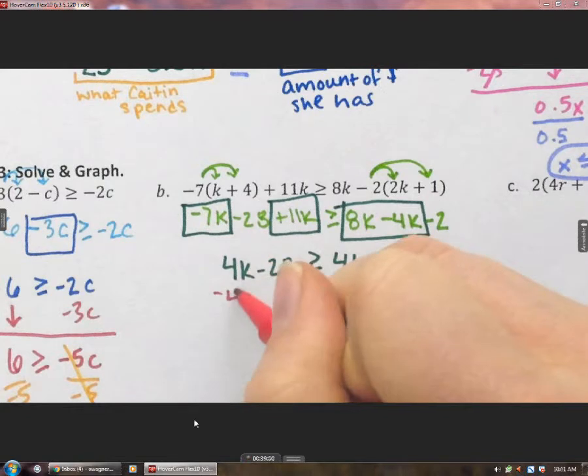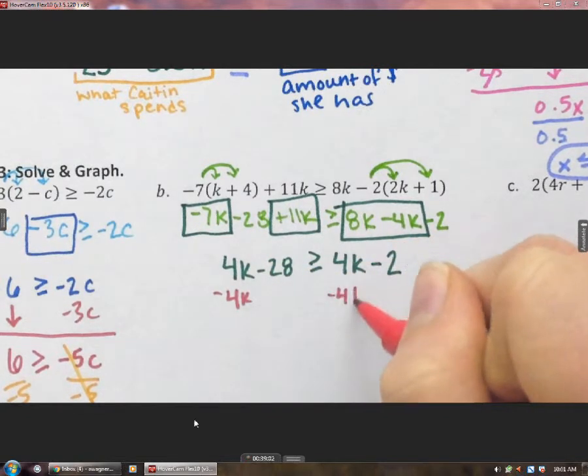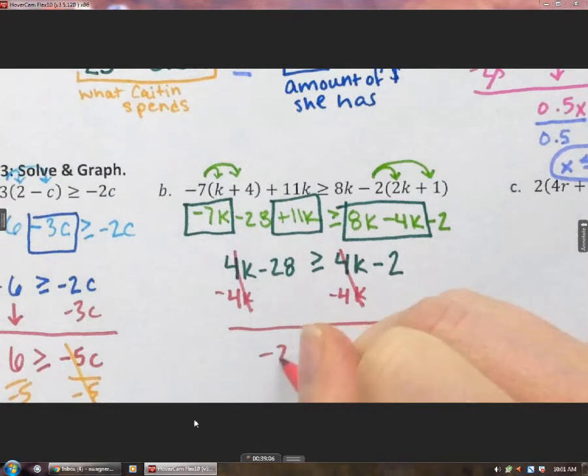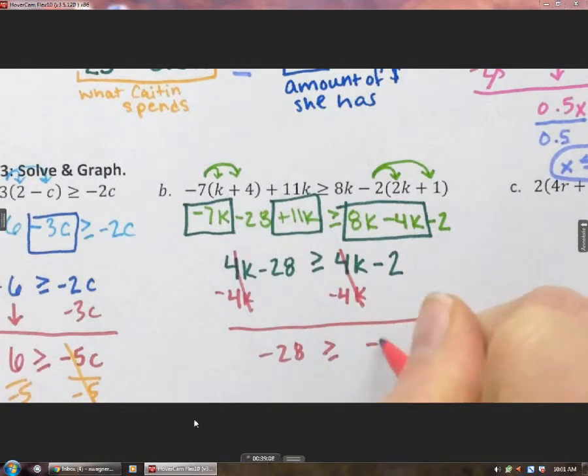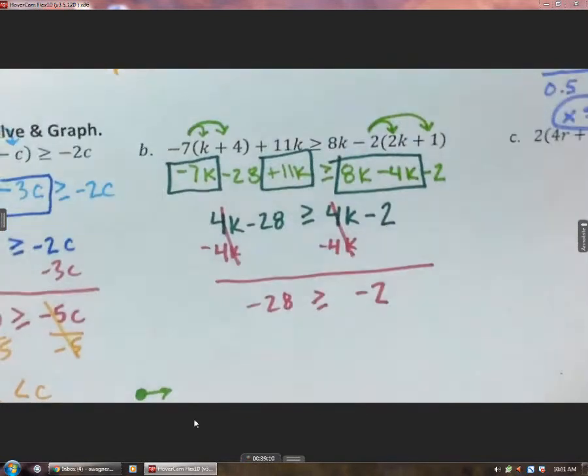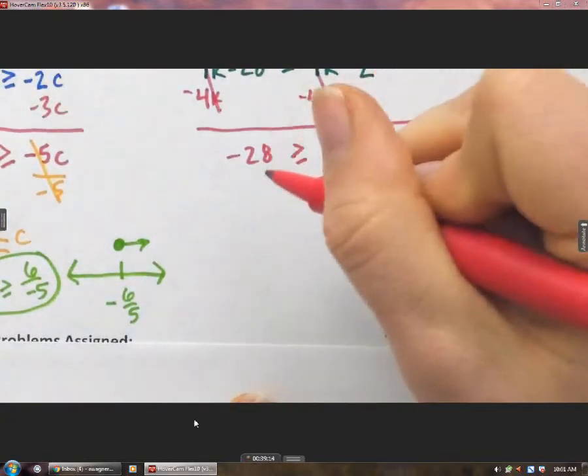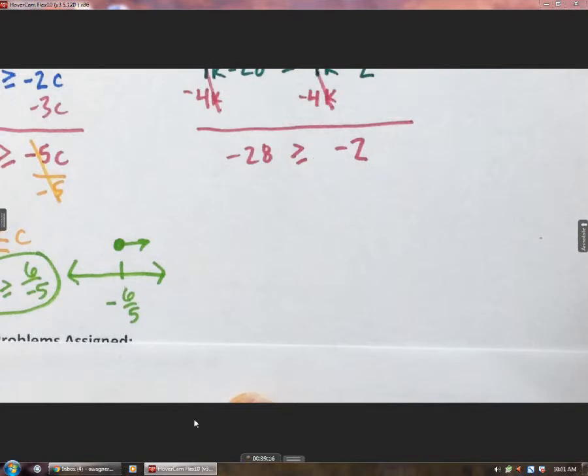We could subtract 4K on both sides. So then I have negative 28 is greater than or equal to negative 2. Oh, let's think about this for a second. Is negative 28 bigger than negative 2? No. It's more negative. I know, the negatives are funky.